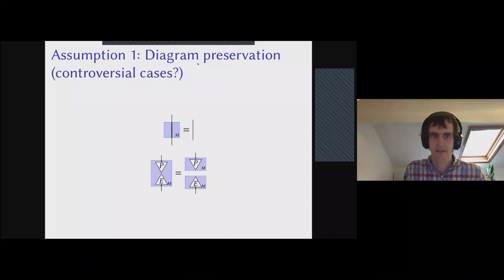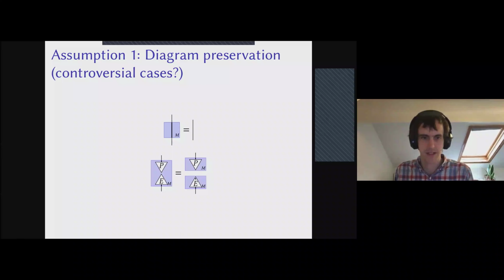And these assumptions are called diagram preservation because they're all of the form, if I draw a blue box around something, that's the same as drawing a blue box around its components, which is what diagram preservation means in general.